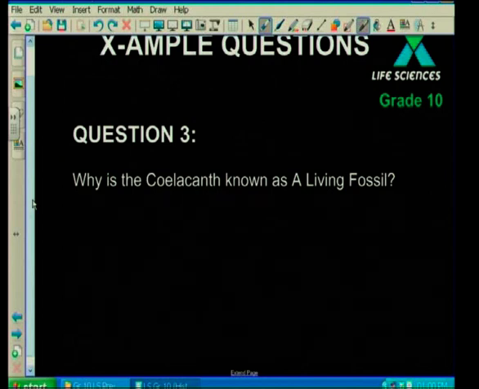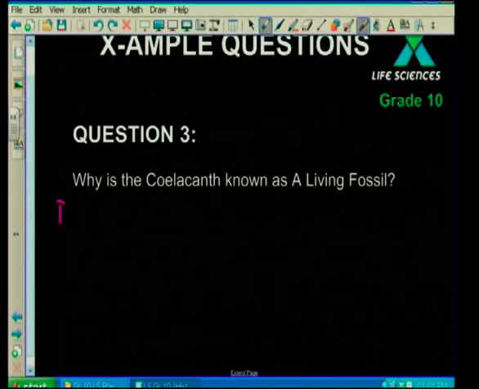The answer was that about 350 million years ago, one of the professors recognized that this was a fish that existed 350 million years ago, and they have now found it again in the Comores in 1952, and then they found another, the first one in the waters of the East London Ocean. Therefore, it cannot be a fossil anymore. It is a fossil, but now because they refound it, it's now a living fossil.